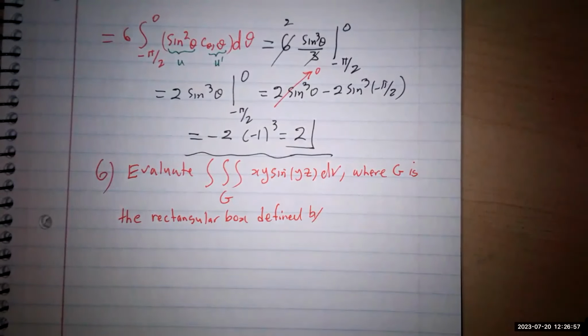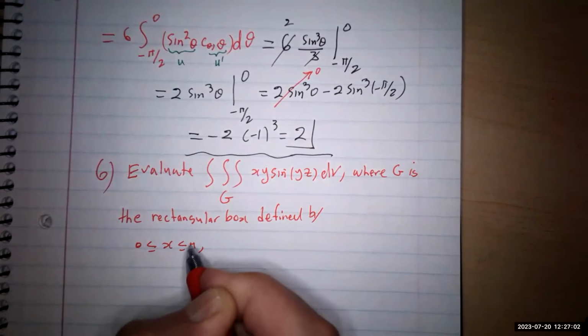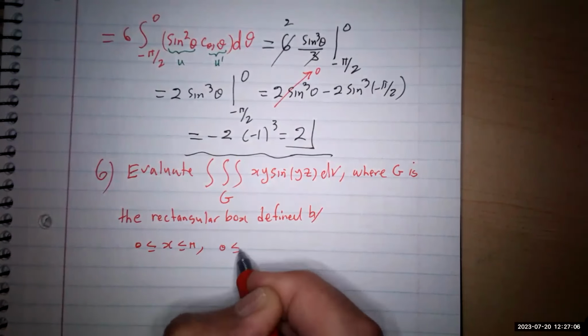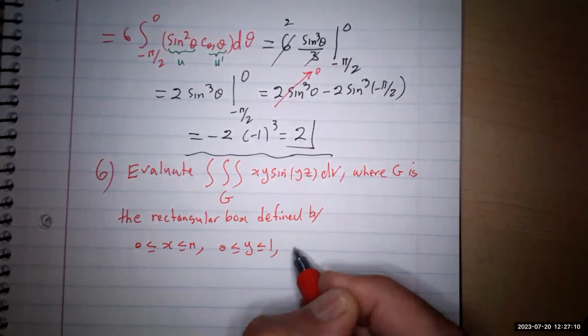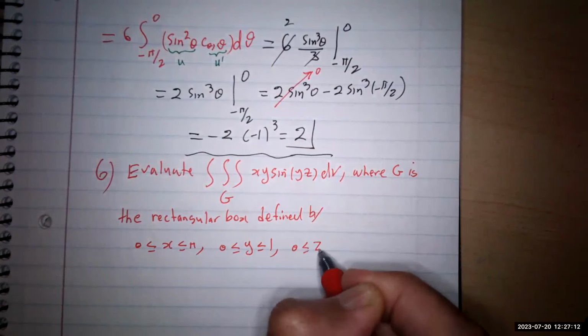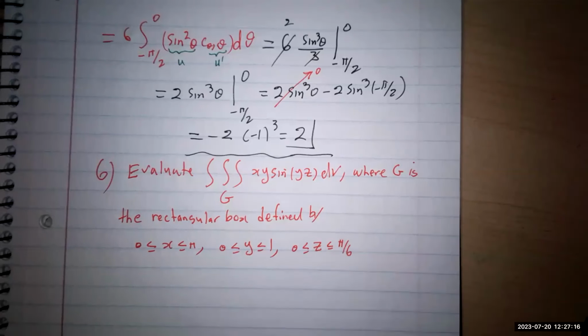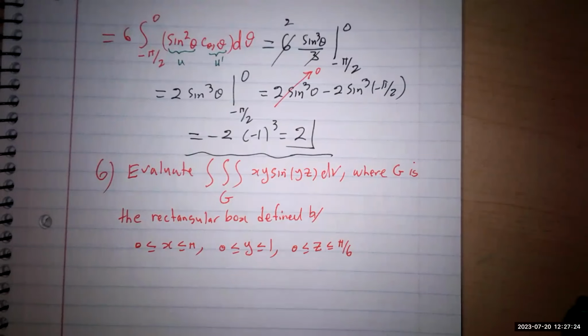So x is between 0 and pi, y is between 0 and 1, and z is between 0 and pi over 6. Not a big deal, but you got to be careful when you want to integrate it right at the beginning. Got to be careful about these integrations, but otherwise it's a straightforward problem.